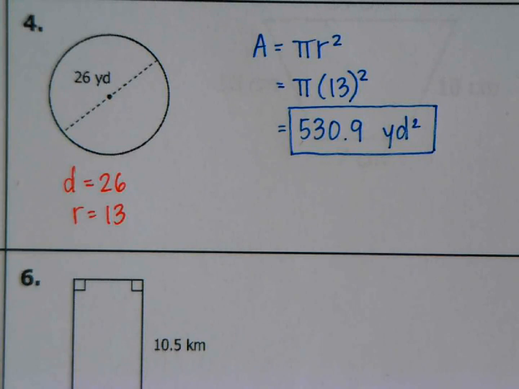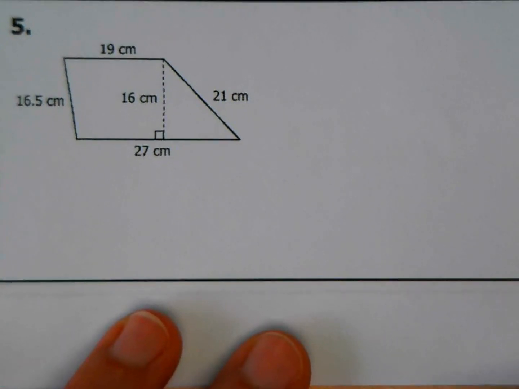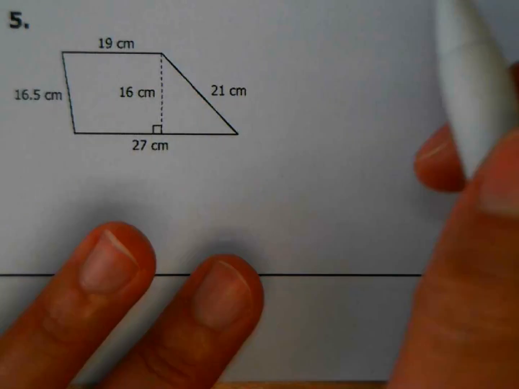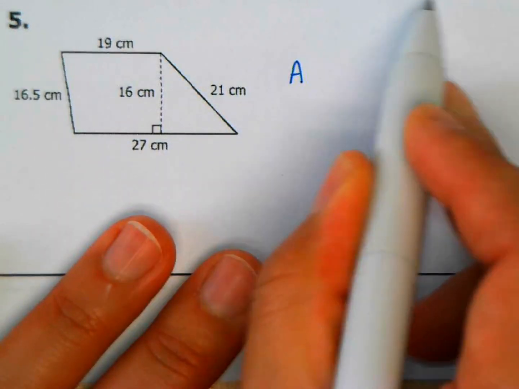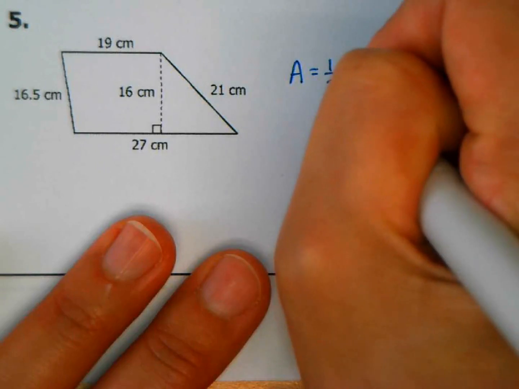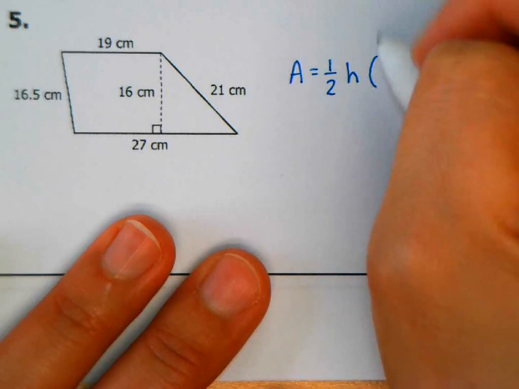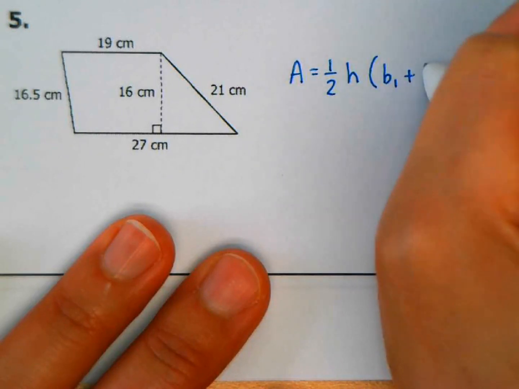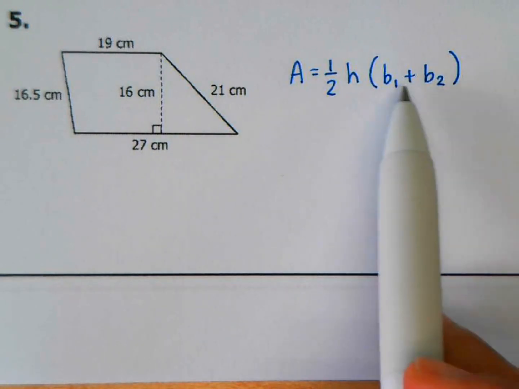All right. A trapezoid. I'm going to spend a little bit of time here to dissect this shape. So the formula for area, I'm going to leave some room up here because I'm going to make some notes, is 1/2 times the height times, in parentheses, the sum of base 1 and base 2. So B1 plus B2. This is just a label.